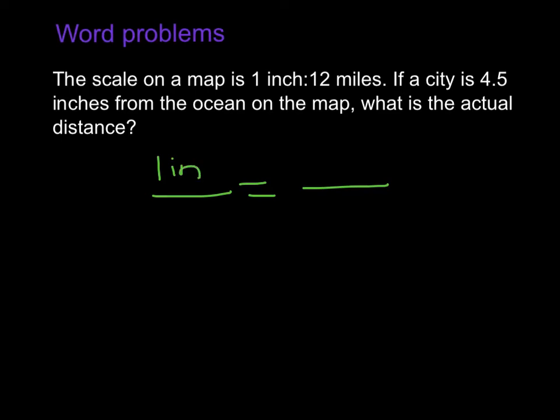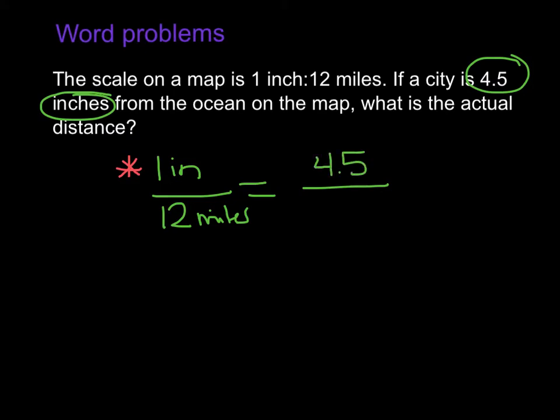So I'm going to say 1 inch is to 12 miles. And then remember, your information has to match up or down or across. So the other number that I have is 4.5 inches. Well, if I'm talking about inches on the top here, then I have to put that 4.5 inches over here.